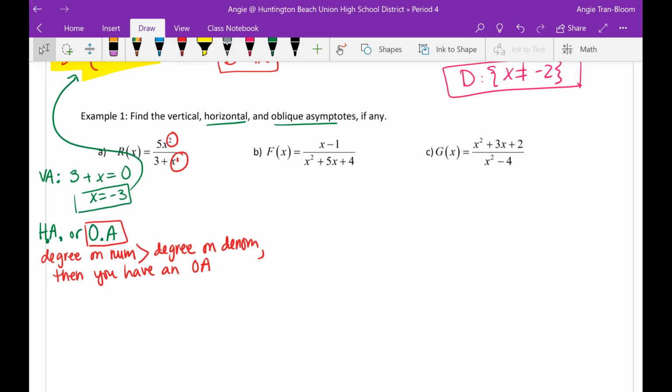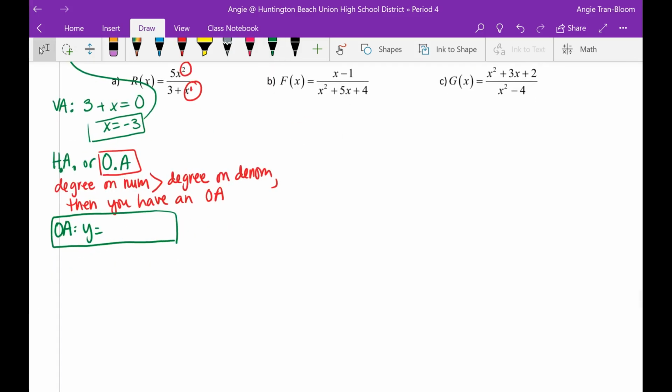And how do you find OA? Well, you're going to have to do long division. Are you ready? So OA, y equals, get ready to box it up. This is where I'm going to write my answer. Make my hockey stick. On the top, I have 5x squared.